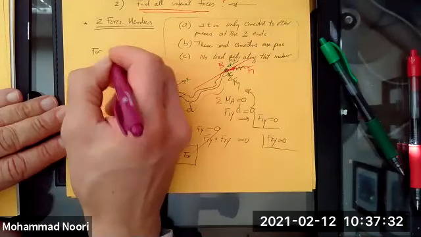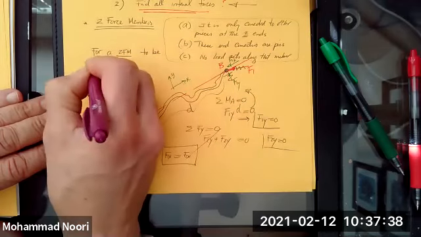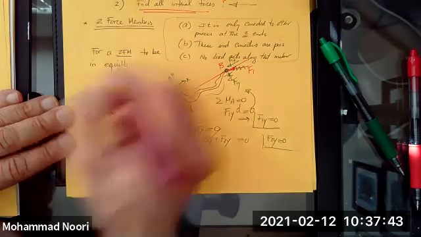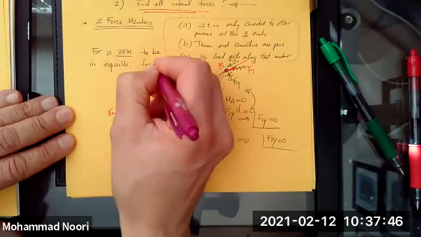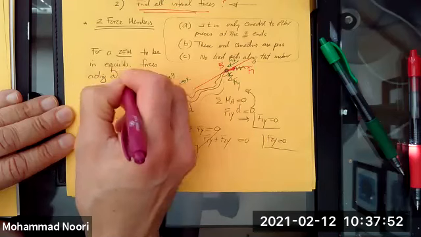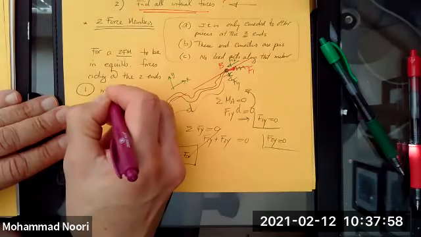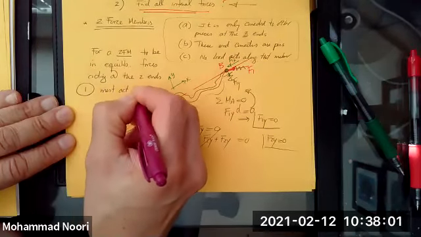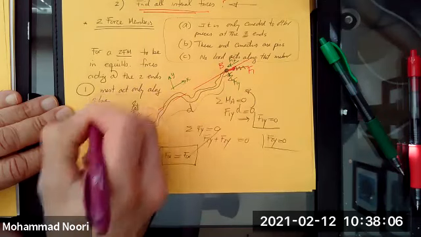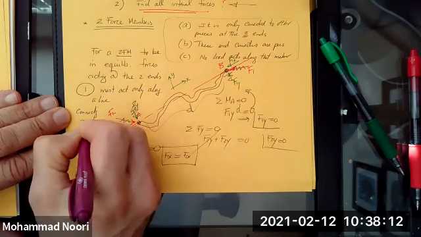For a two-force member to be in equilibrium, one, forces acting at the two ends must act only along a line connecting the two ends, right?